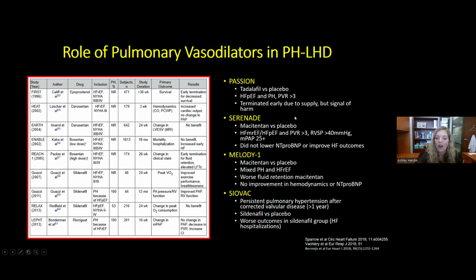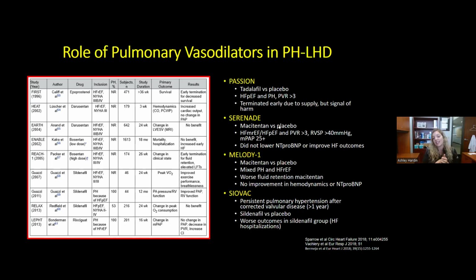The SERENADE trial was also published relatively recently, looked at macitentan, an endothelin receptor antagonist, versus placebo. It looked at patients who had heart failure with mildly reduced EF or HFpEF. They had some evidence of pulmonary hypertension: they could have a PVR greater than 3, an RVSP greater than 40, or a mean PA pressure greater than 25 on invasive hemodynamics.